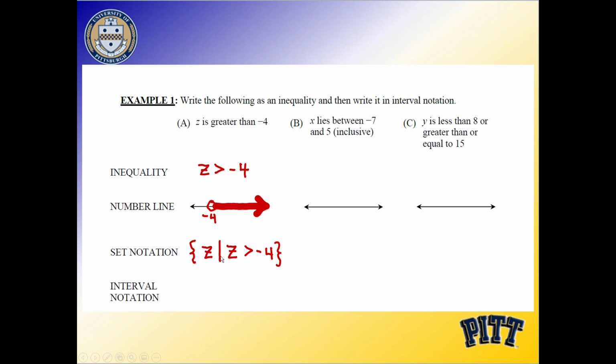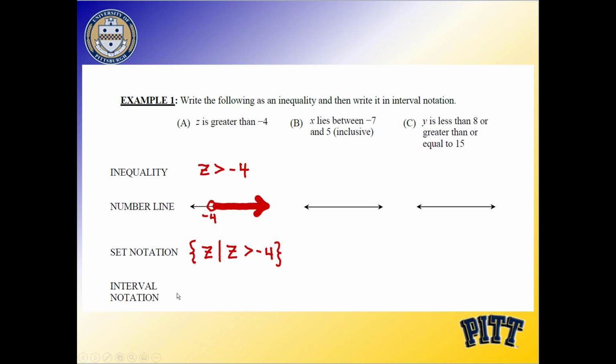So whether you have a vertical bar here or a colon doesn't matter. You're just adding fancier looking brackets around it, another reference to the variable, and either a colon or a vertical line. After that, it's just the same old inequality as before. So inequalities tend to be used more frequently in this textbook than set notation.